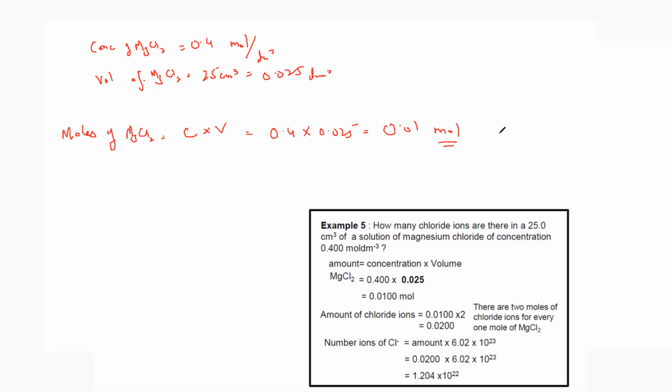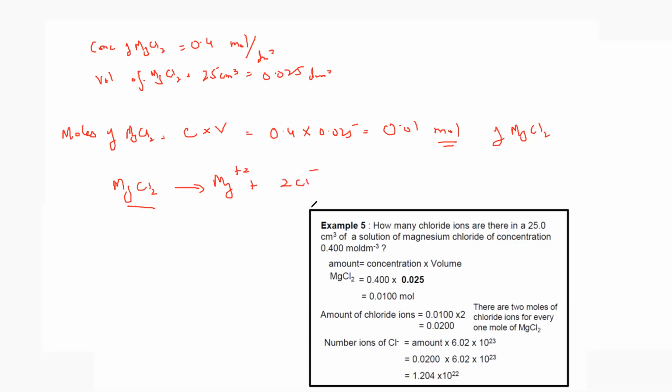These are the moles of magnesium chloride, but they're not asking for that, they're asking for the total number of chloride ions. Magnesium chloride dissociates into a magnesium ion and two chloride ions.